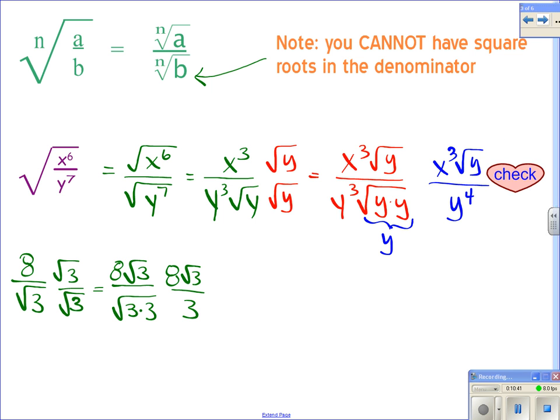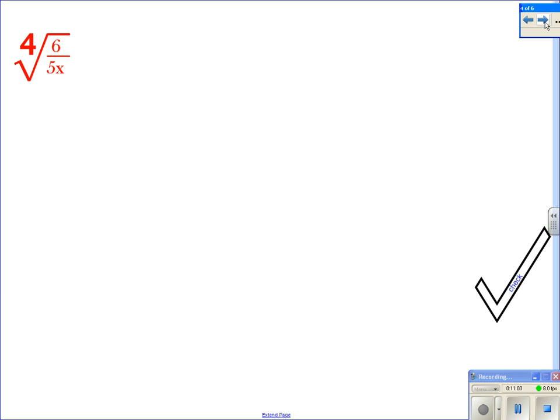So let's check to see if we got that right. Yep. Any questions on any of those steps? We're going to try another one. All right. Let's look at this one. The 4th root of the fraction 6 over 5x.